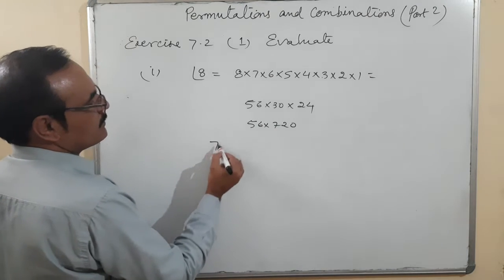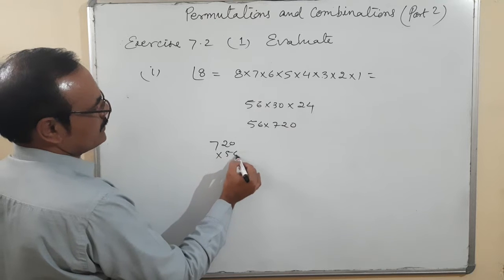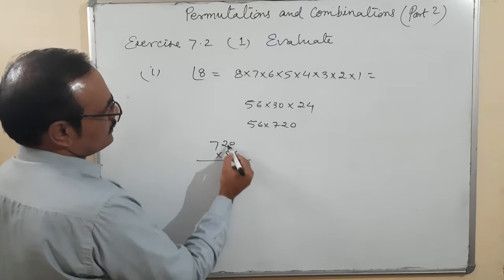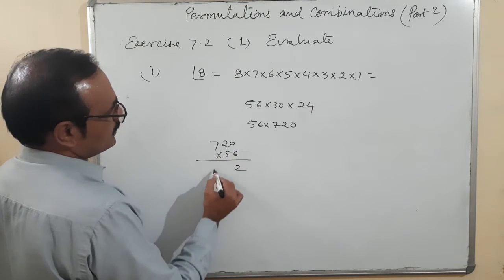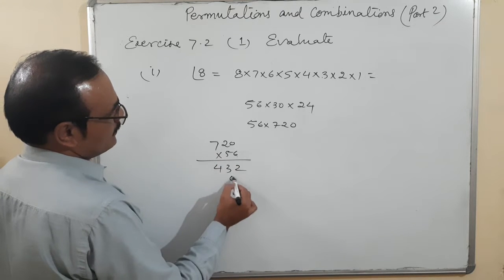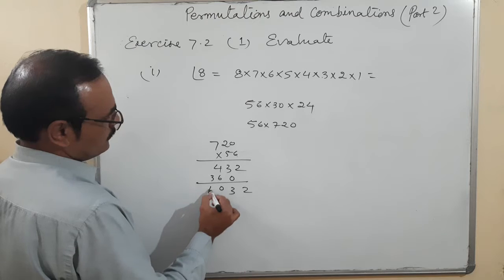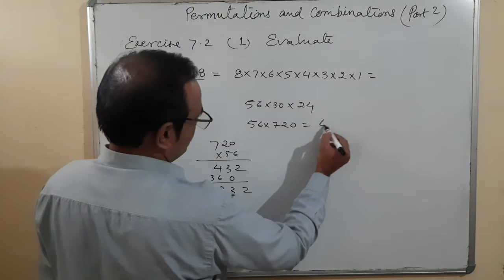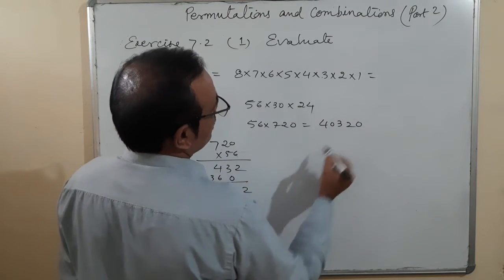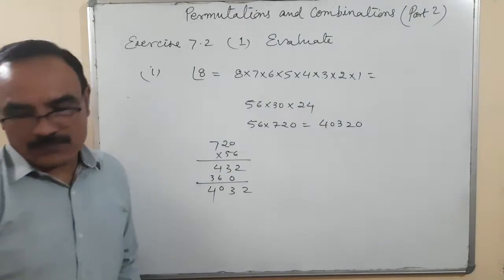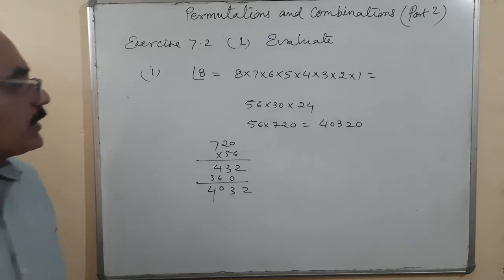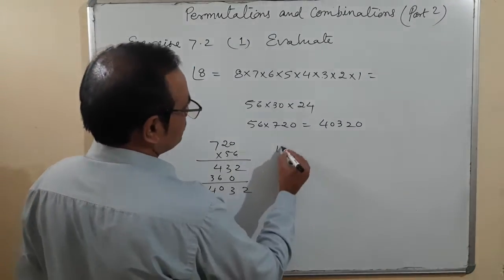Now multiply 720 by 56. The result is 40320, which is the product of first 8 natural numbers.